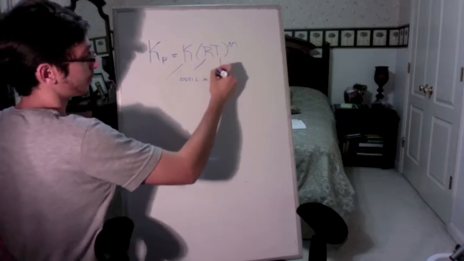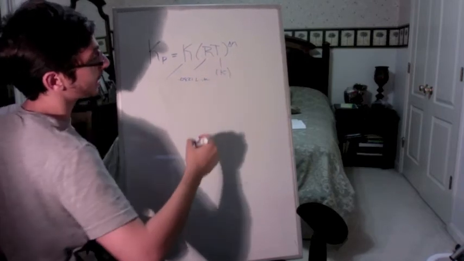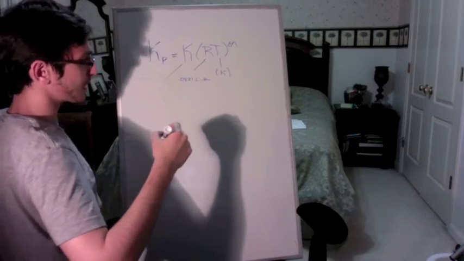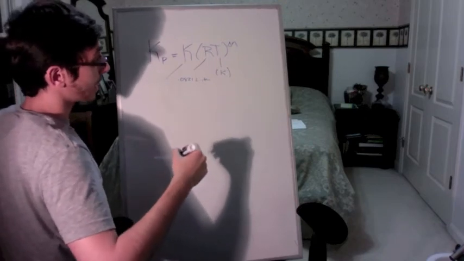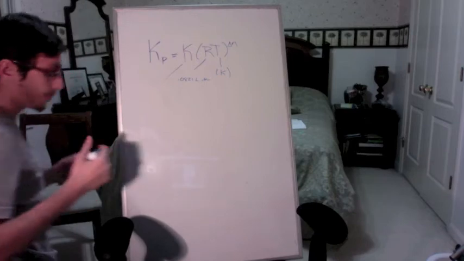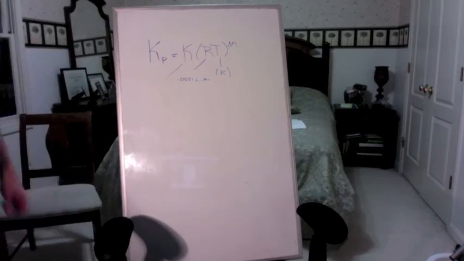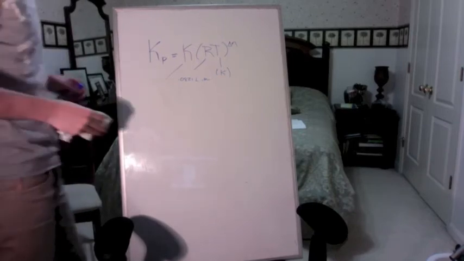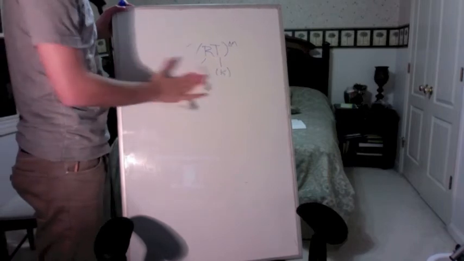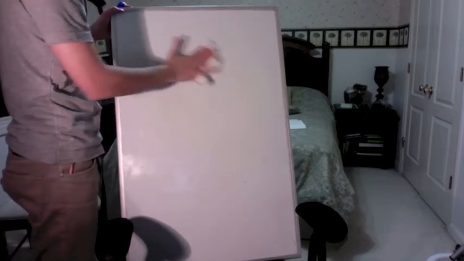Temperature is the absolute temperature measured in Kelvin. Delta n is the moles of product gas minus the moles of reactant gas. And so that's also important in gas phase reactions.